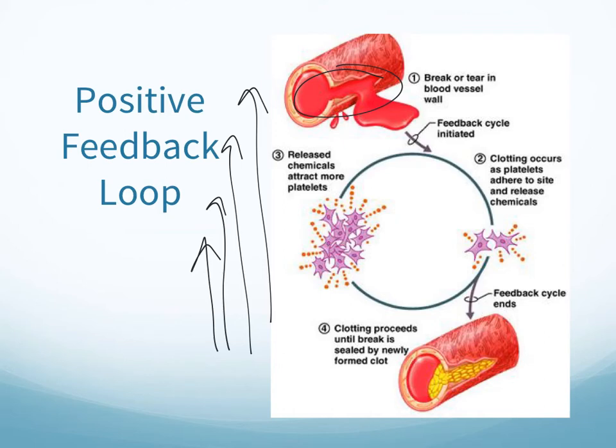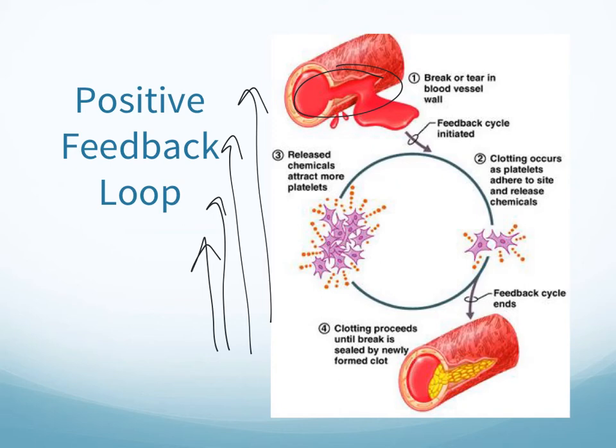You get more and more clotting, which is good because that's going to heal up the injury in the first place. Another example of this would be childbirth. More contractions put more pressure on the cervix, and more pressure on that is going to increase more and more contractions, and that's going to increase more pressure in the uterus, and so on, until a child is born.